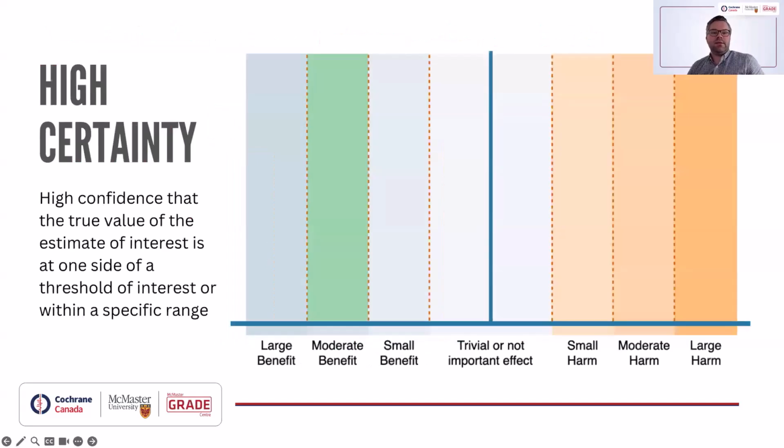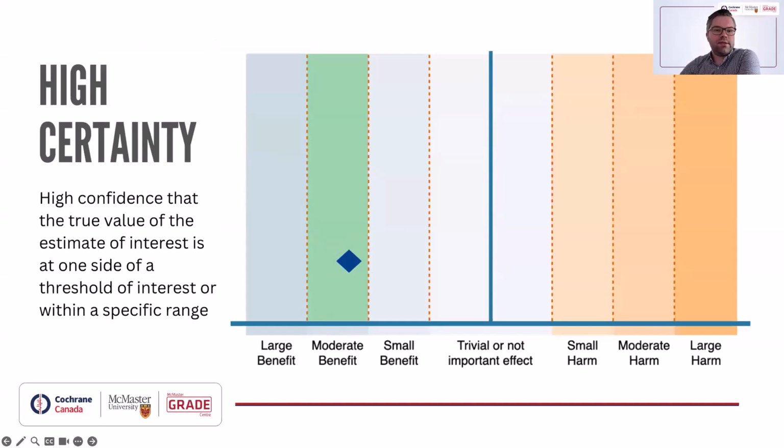And with these ratings, what do we mean again by high certainty? By high certainty, we have high confidence that the true value of the estimate of interest for the given outcome is at one side of a threshold of interest or within a specific range. So here, for example, we were talking about the target of the certainty rating being that of a moderate benefit.